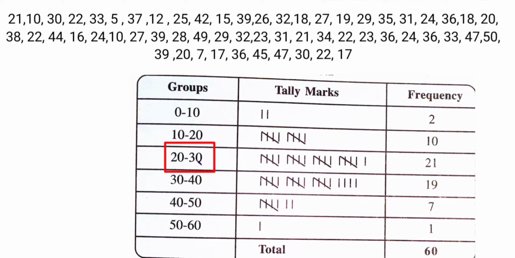In this class interval, we don't count 30; we can exclude 30. 30 को हम यहाँ काउंट नहीं करेंगे. So 20 से 29 तक जो नंबर्स हैं इसमें हम काउंट करेंगे, meaning 21, 22, 25 these are.